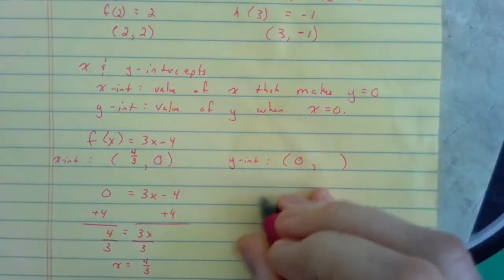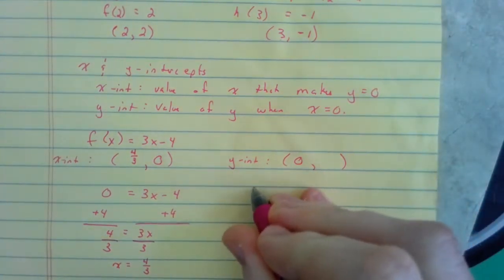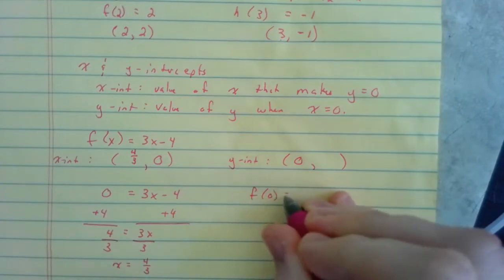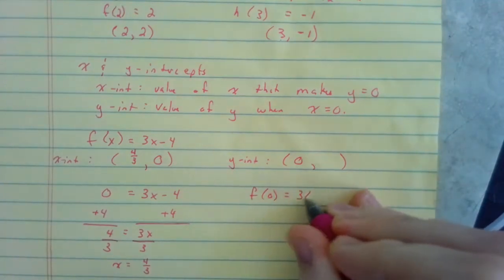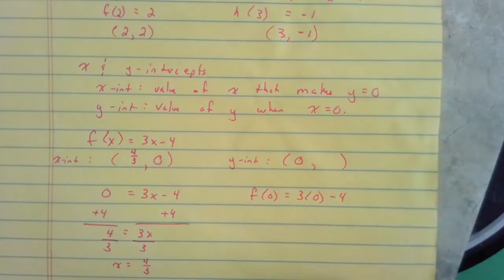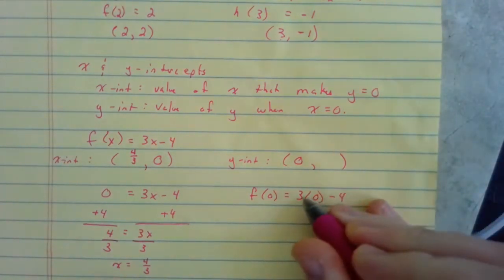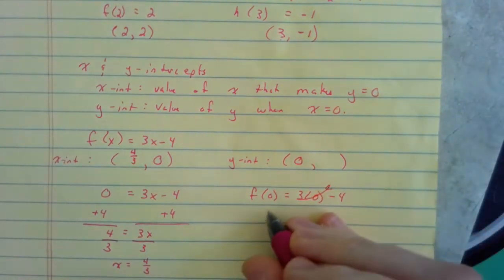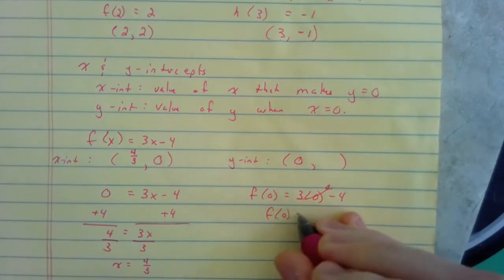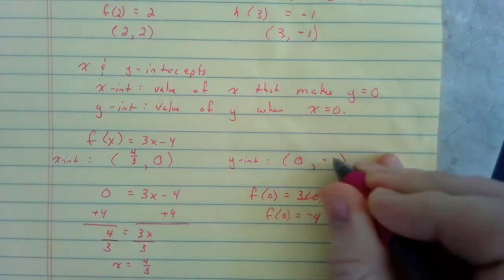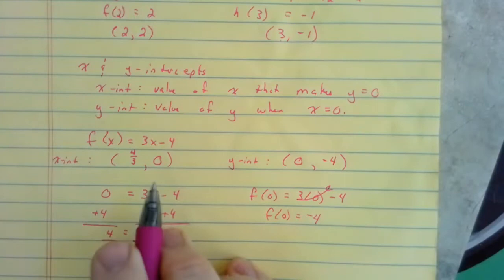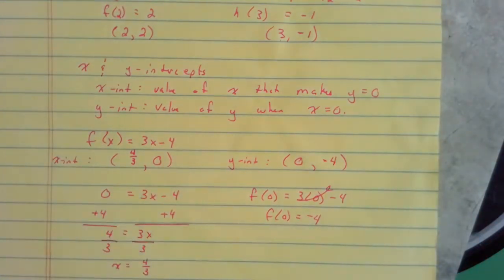So I'm going to have f of 0 equals 3 times 0 minus 4. Well, 3 times 0 just goes away, and I end up with f of 0 equals negative 4. And we already knew that, because y equals mx plus b, we know that this is b. So again, just a recap of some things that we're already familiar with, our x-intercepts and our y-intercepts. All right? Any questions there?